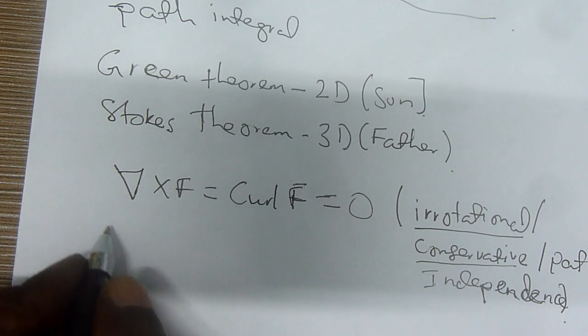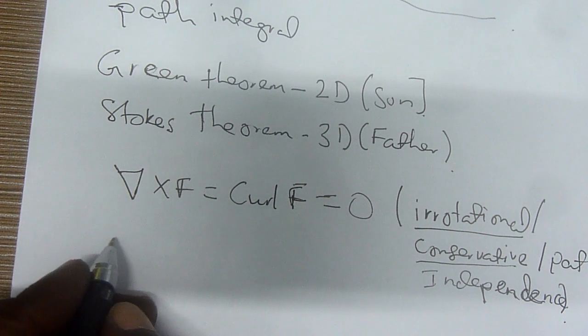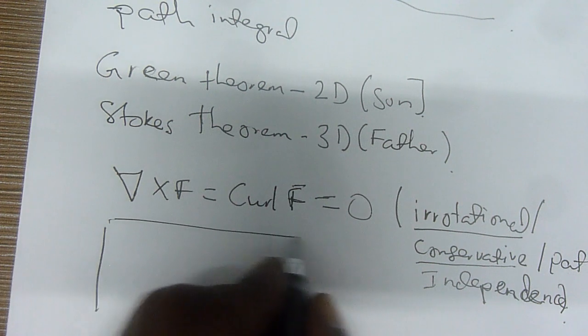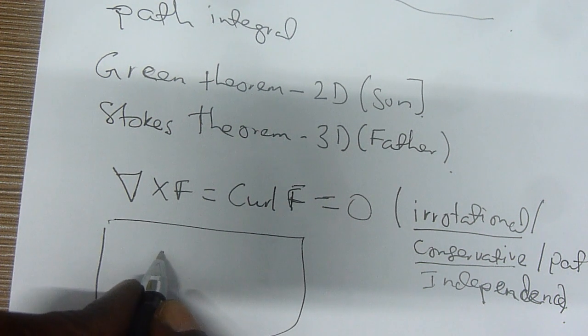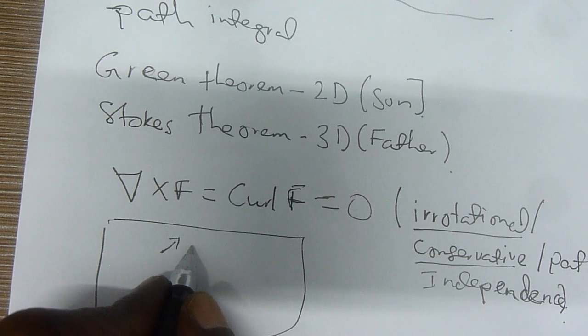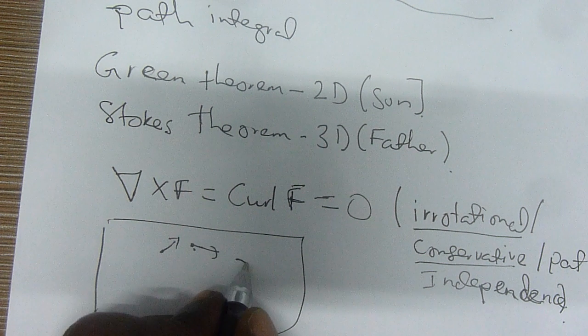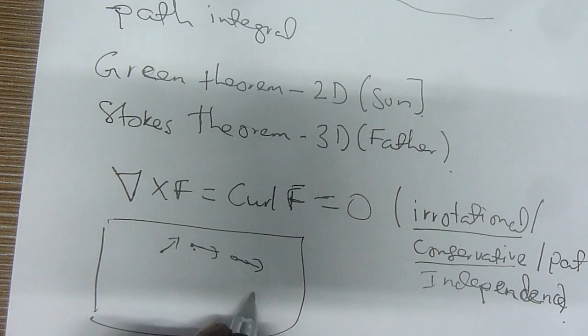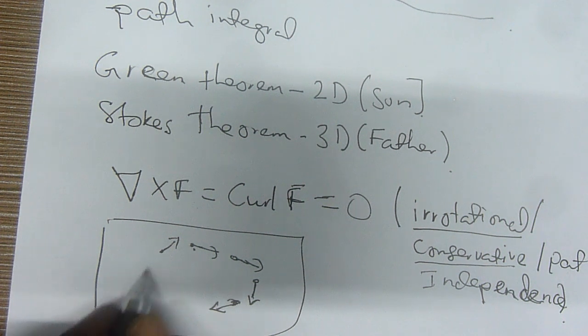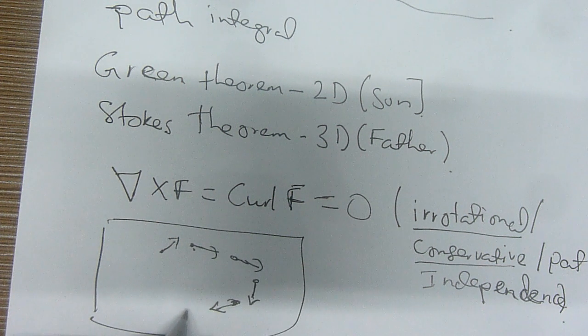Now the first thing is irrotational. What is the difference between irrotational and rotational? Rotational means the vector field is in a rotational form. You should be able to see something like this: the vector field is kind of rotating, in a rotational state. This is rotational, it's not irrotational.